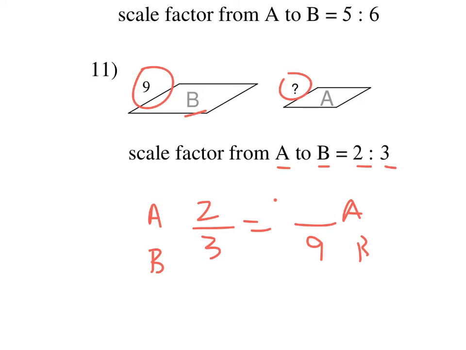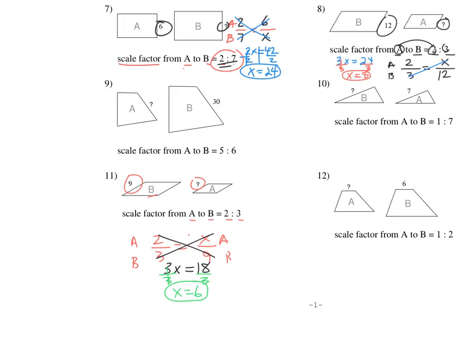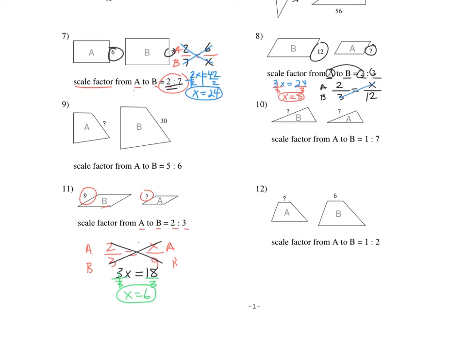There's my value I'm looking for, that's my x. So 3x equals 18. Divide by 3, divide by 3, x equals 6. Okay, so that's how you do those kind of problems. Use those scale factors.